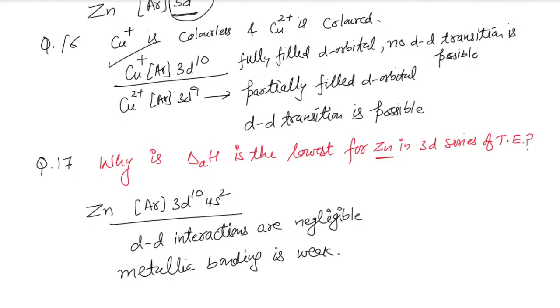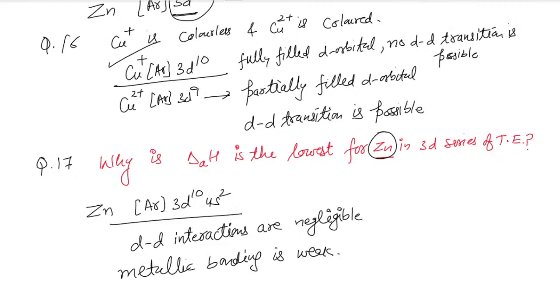That's why it has the lowest enthalpy of atomization. Yes, Sahil, very good. More unpaired electrons mean stronger metallic bonding and more enthalpy of atomization.